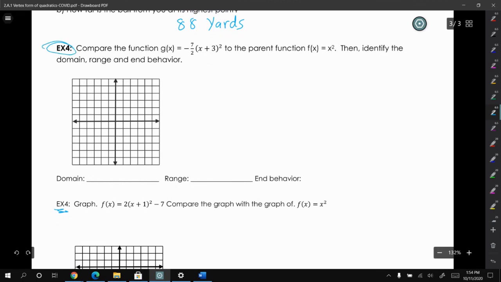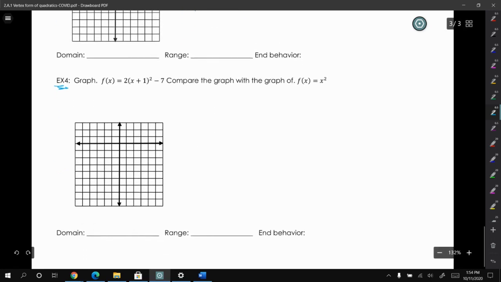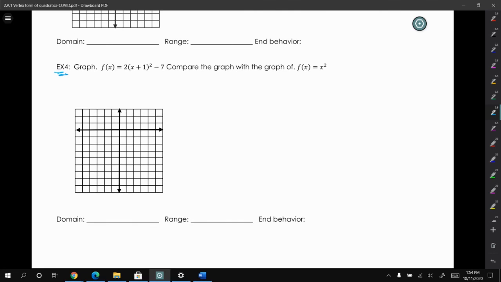This example 4 isn't asking you to graph, it's just asking you to compare your RST, and it's asking you then to identify domain, range, and end behavior. I gave you this graph here in case you wanted to sketch it out to help you out, but you don't need to. But this one down here, I do want you to graph. So pause the video, try these out, and then once you're done, unpause it so you can check your answers.